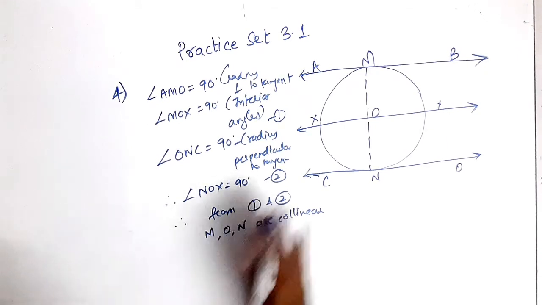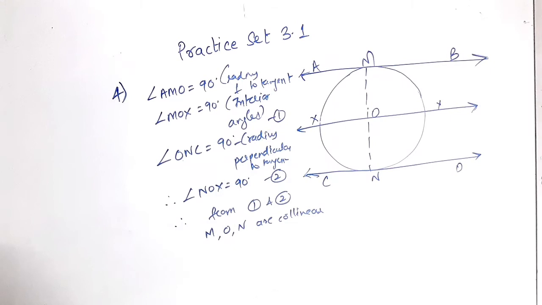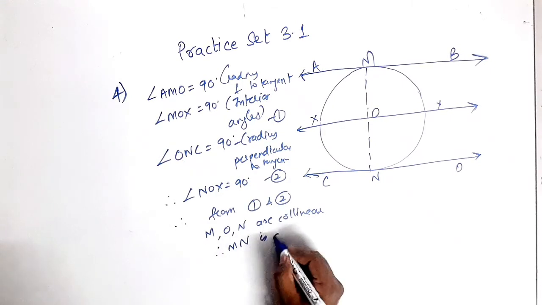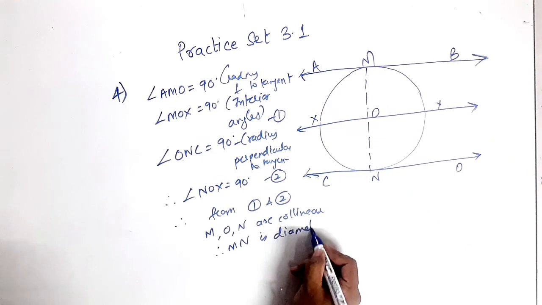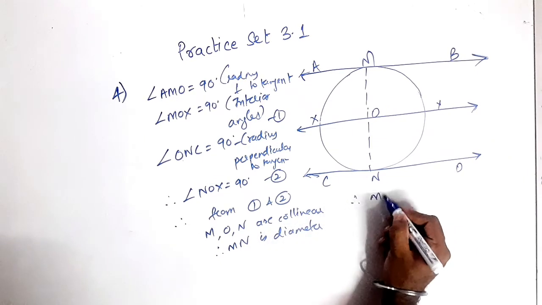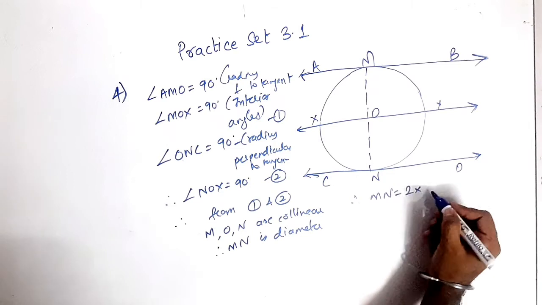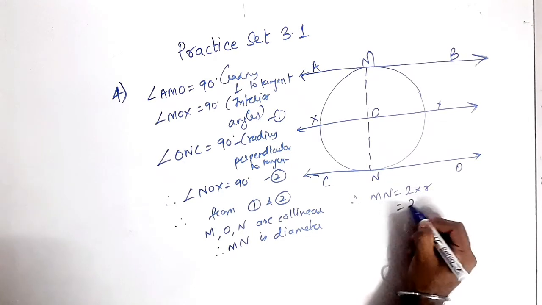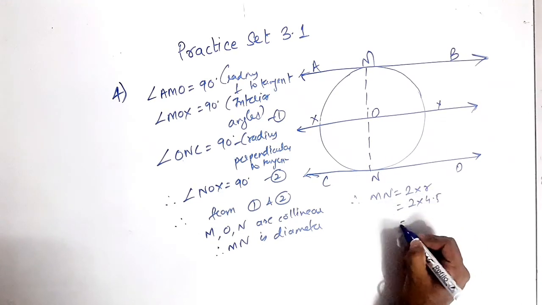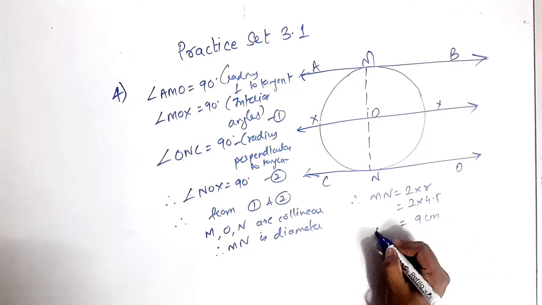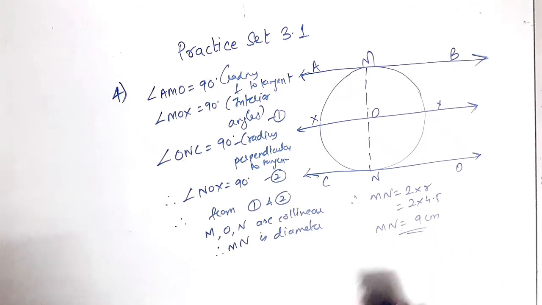This is what we wanted to prove, that they are collinear. So we can say that MN is diameter. Therefore MN is twice the radius. Radius, you know, it is 4.5, so it will be 9 centimeter. Okay, so MN is 9 centimeter.